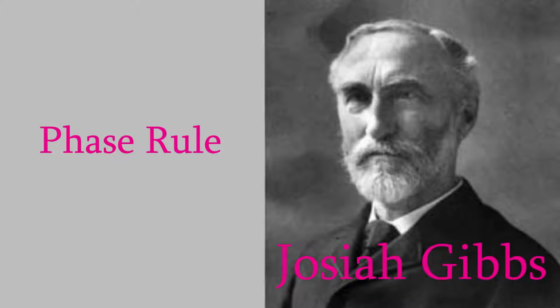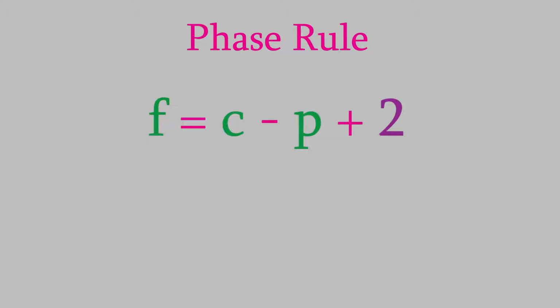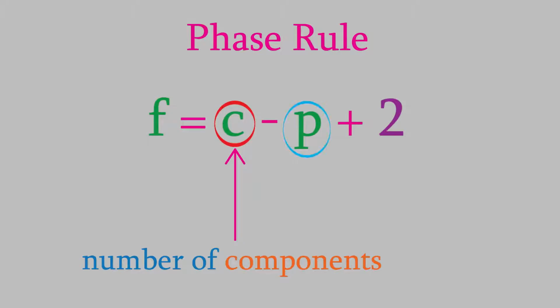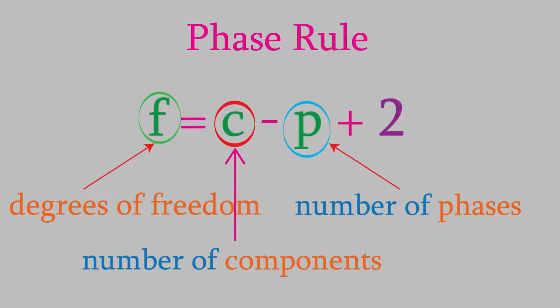The phase rule tells us how many different parameters of a system, like the pressure, volume, temperature, and the number of moles of each component, can be varied without changing the number of phases present. The equation itself is deceptively simple looking. In this equation, C is the number of components, P is the number of phases, and F is the number of degrees of freedom. Let's look at each of those more carefully.